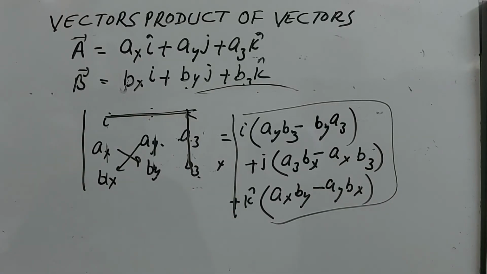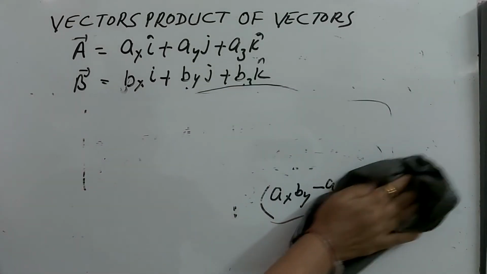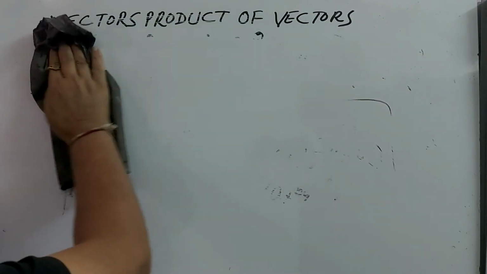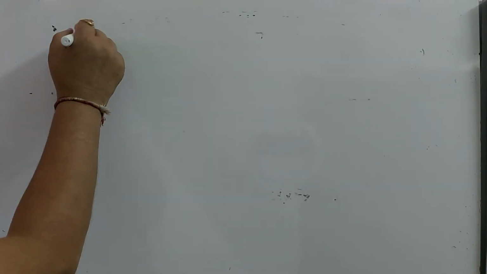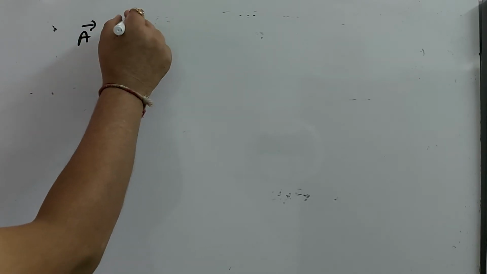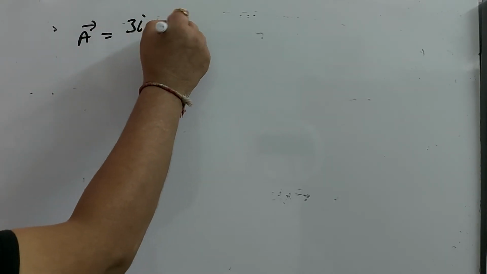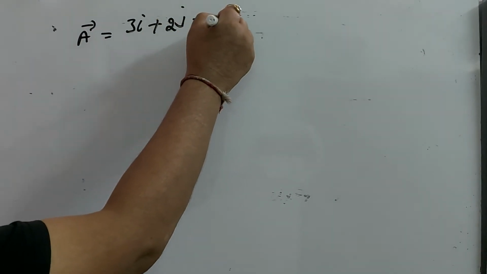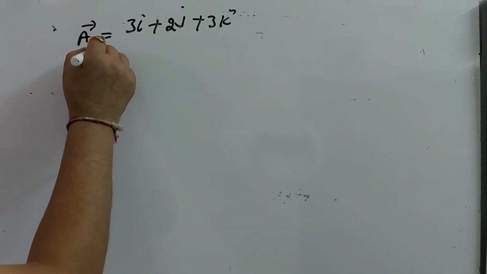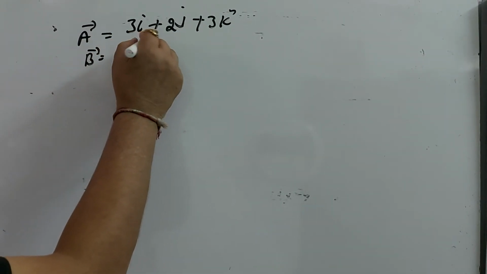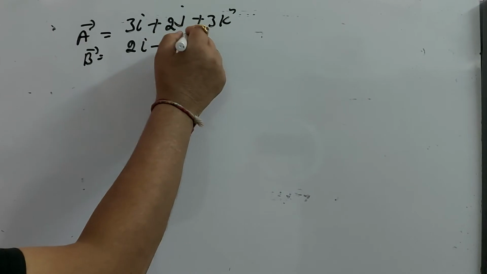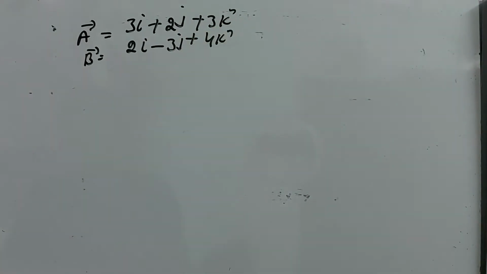Now for example, suppose we have two vectors. A vector is equal to 3i cap plus 2j cap plus 3k cap, and B vector is equal to 2i cap minus 3j cap plus 4k cap.